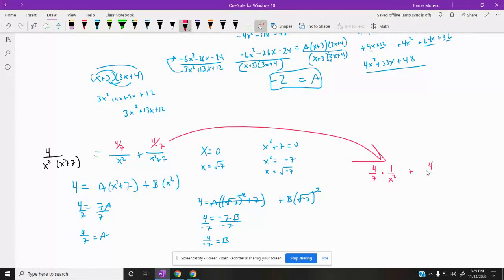The next one is the same thing: we keep the top, we change the middle fraction to times, and then we put the bottom under 1. So this becomes 4 over 7x squared, and this becomes 4 over negative 7 times x squared plus 7. And that would be your fraction. Hope this helps. Let me know how it goes.